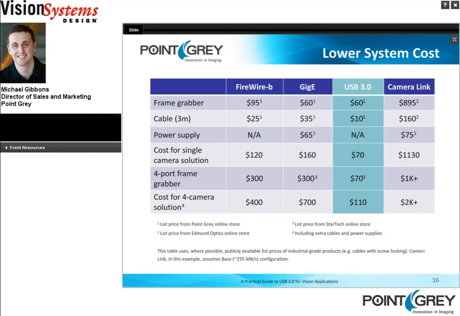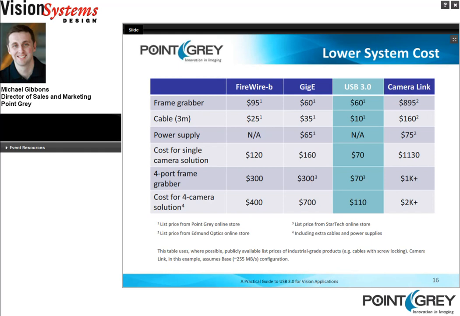Particularly with a four camera solution, you can buy a 4-port USB 3 interface card for $70, and then you can connect 4 cameras directly into it. I haven't factored the cost of the camera into this, assuming you can get a camera that's the same cost for all the interfaces.